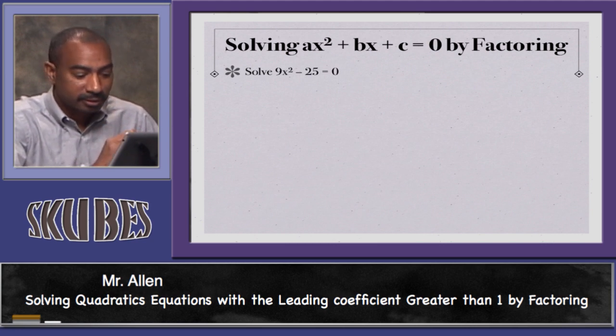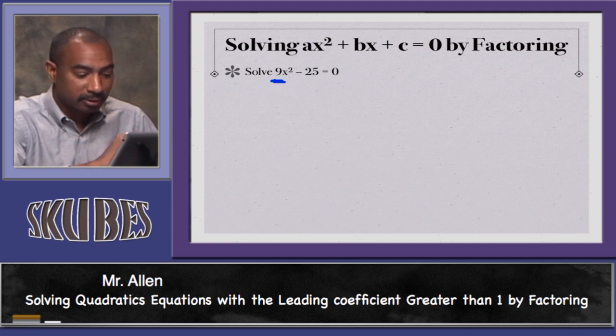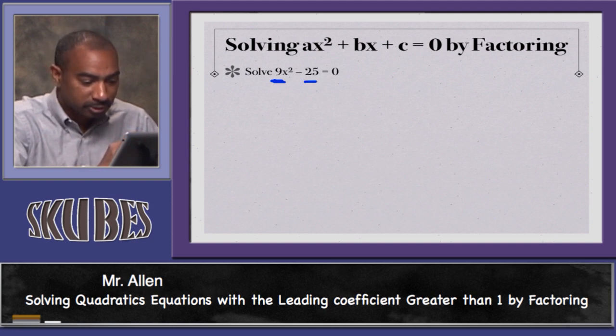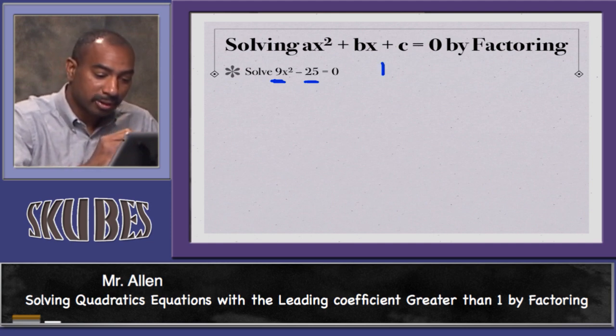First thing you want to do is notice that 9 is a square number, and so is x squared. And 25 is also a square number. And you have a subtraction sign between it. Remember, that's called the difference of squares.